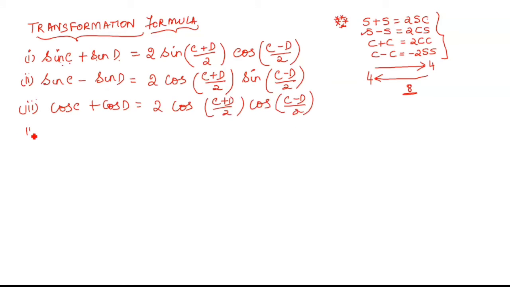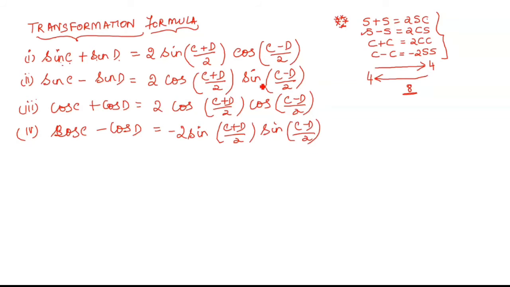And the fourth one, we have cos C minus cos D. So this is of the form C minus C. C minus C gives me minus 2SS. So minus 2, S stands for sine, C plus D by 2 into sine C minus D by 2.